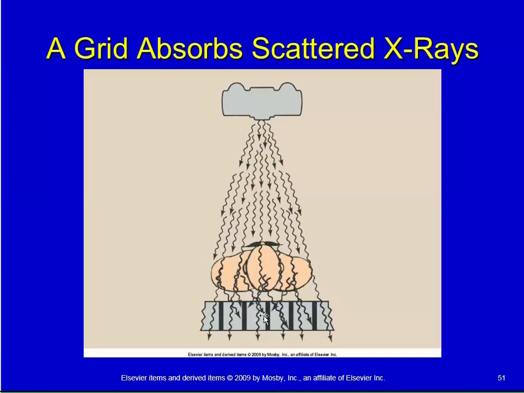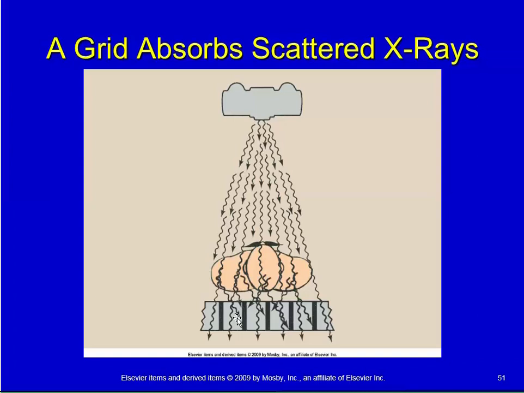So what you're looking at in the grid are the dark lines that represent the grid strips, and they are made of lead. So it's radiopaque material. Lead is very dense. It's hard to see through via X-ray. So those are your grid strips. And the interspace material here could be made of a number of different things. It could be plastic. It could be actually paper.